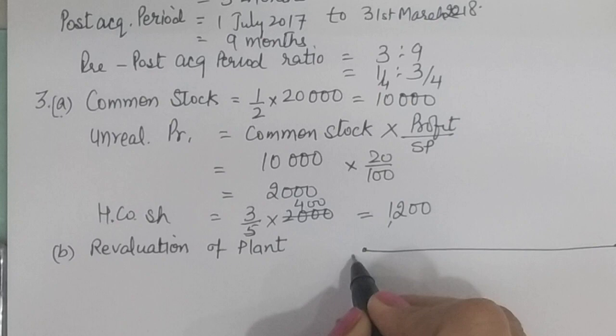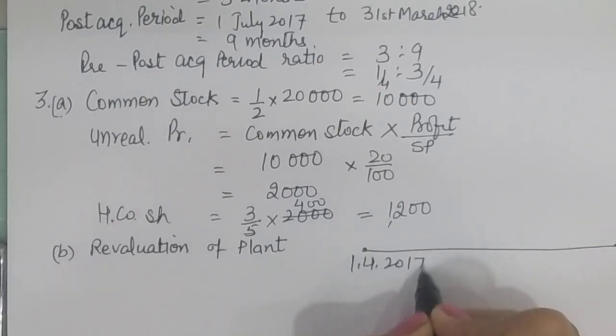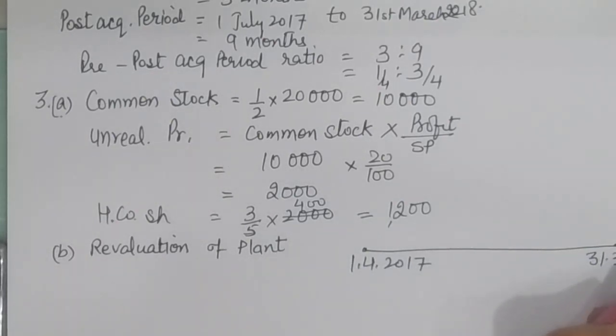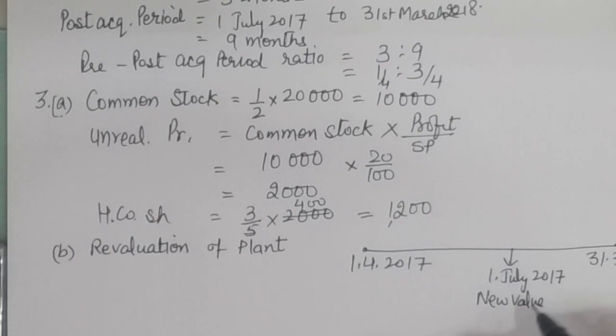So in this year, starting from 1/4/2017 to 31st of March 2018, the plant has been revalued on the date of acquisition, that is on 1st July 2017, and the new value is given to be 3 lakh. Now fill up all the relevant information, then only the calculation is possible.